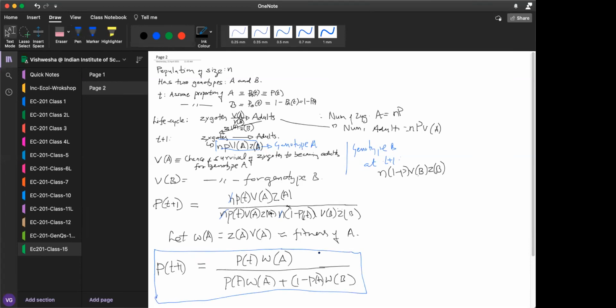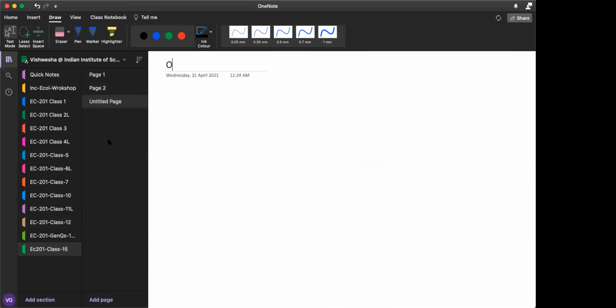Now let's think what is the denominator here. So let's go to the next page. What's the denominator? The denominator was basically P of time T times omega A plus 1 minus P times omega B, right?